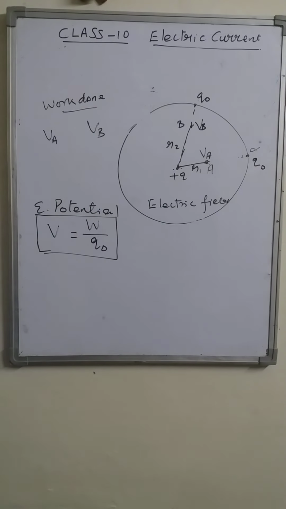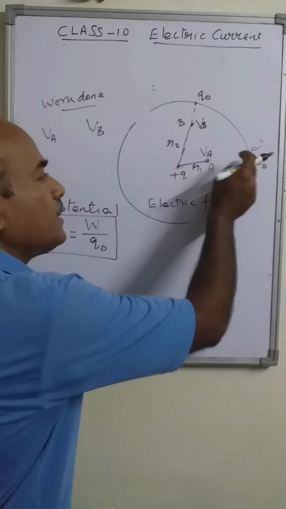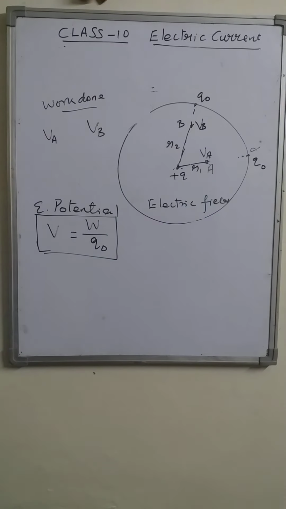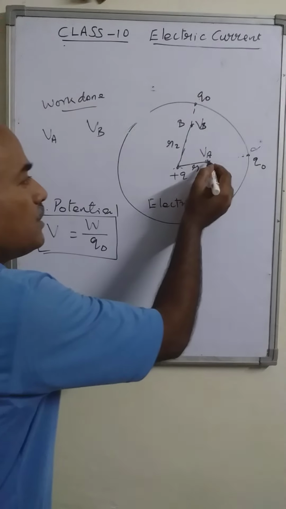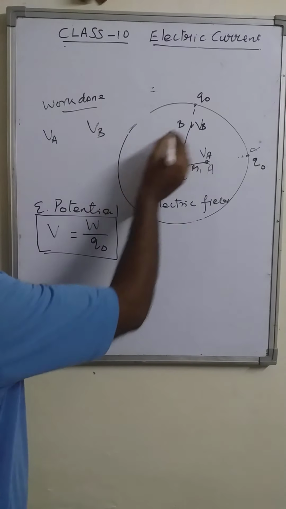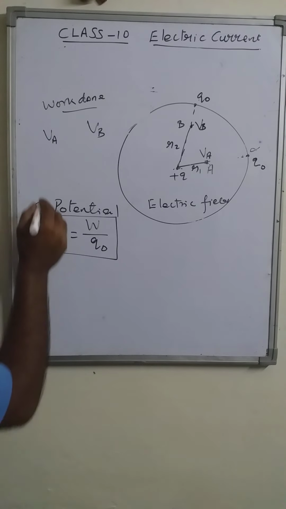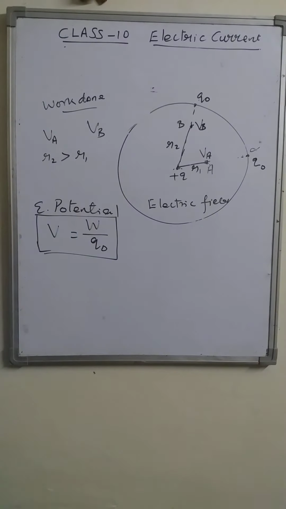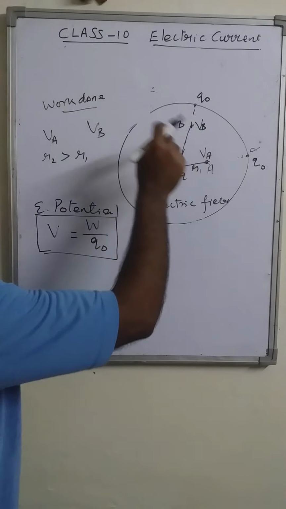One may be greater, another smaller. Here obviously the potential is greater at point A because it is brought closer. From this figure you can see that R2 is greater than R1.